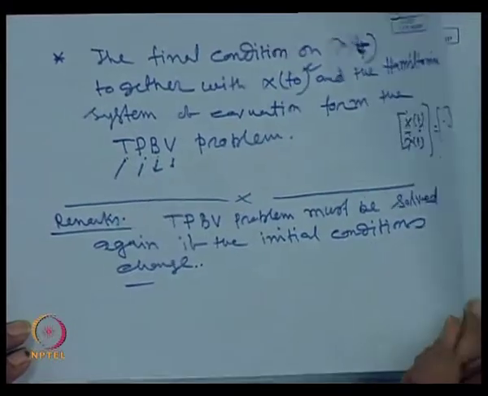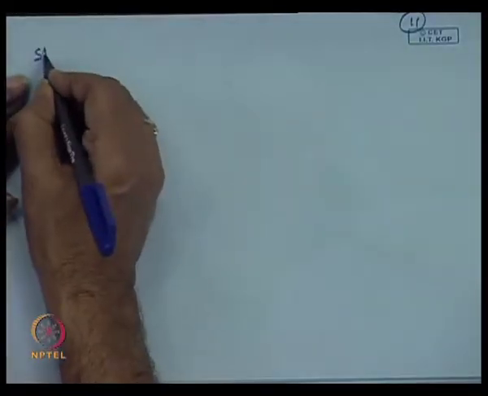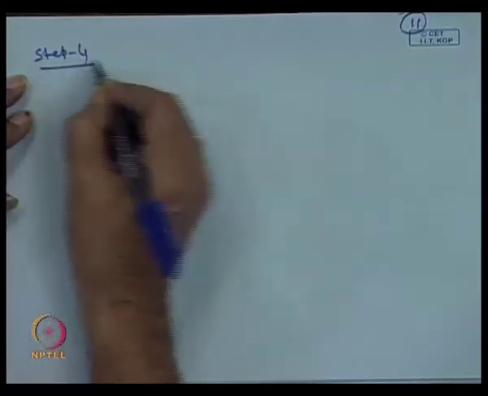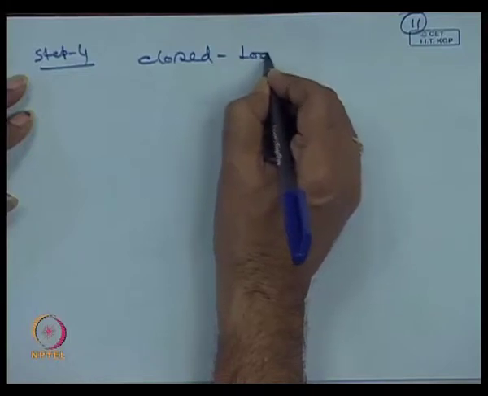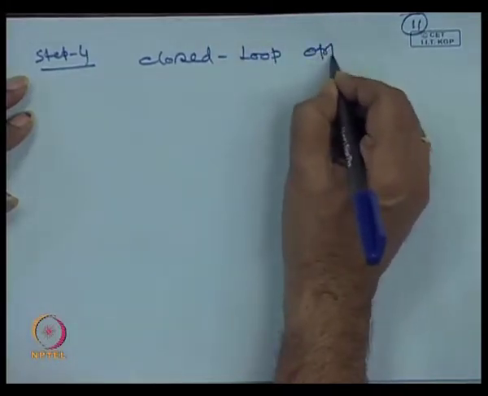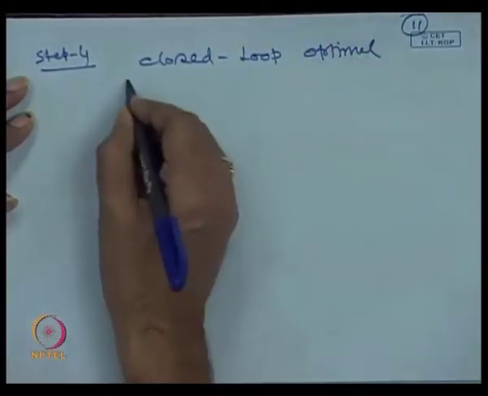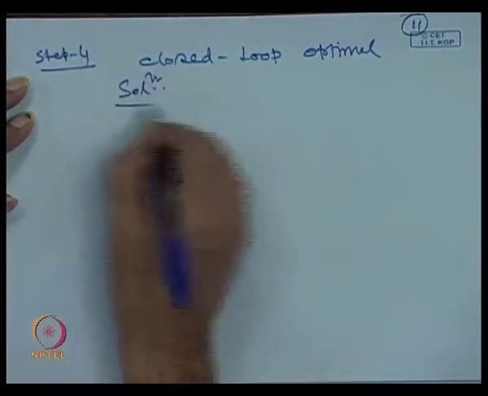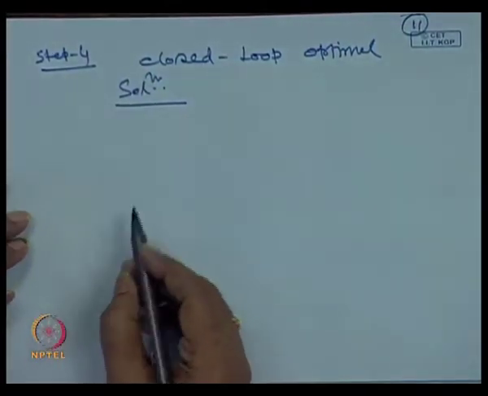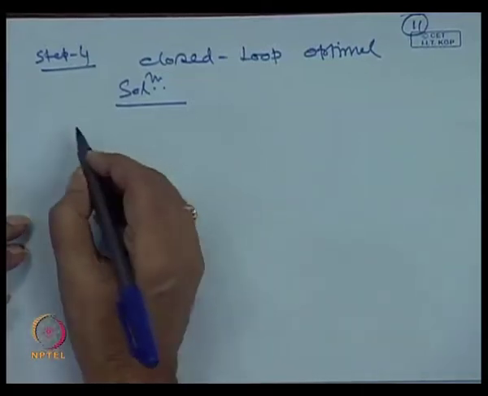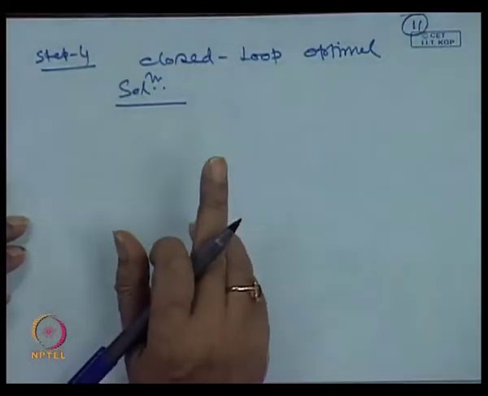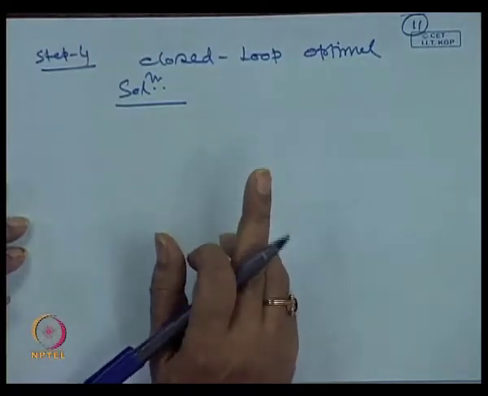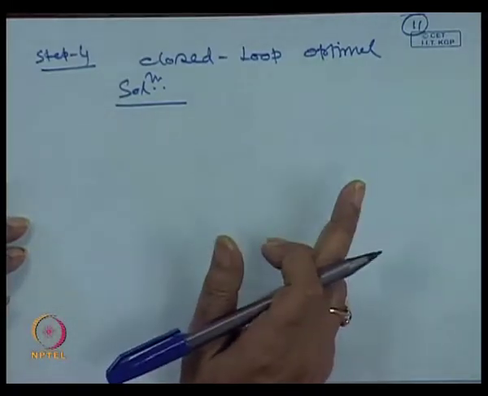Now we are looking for a closed form solution. Step 4: the closed loop optimal solution. So how will you do this? We know how lambda at time t equal to t_f is related with x(t_f).